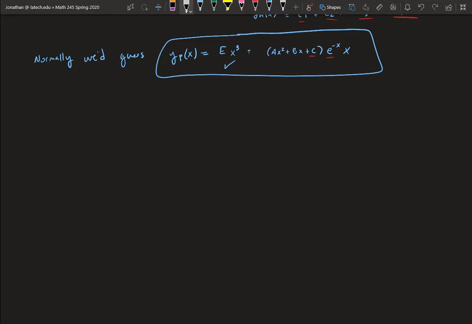So example, solve the IVP. The differential equation is y double prime plus y equals 10 sine x, and y of pi equals 0, y prime of pi equals 2. So, solution.